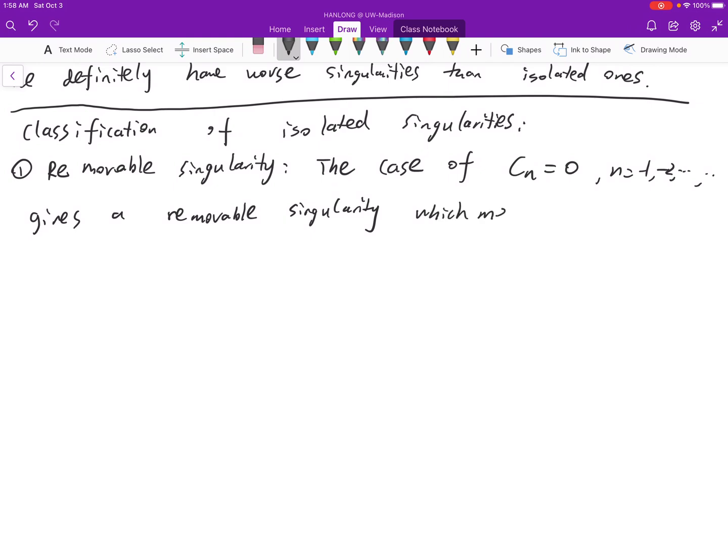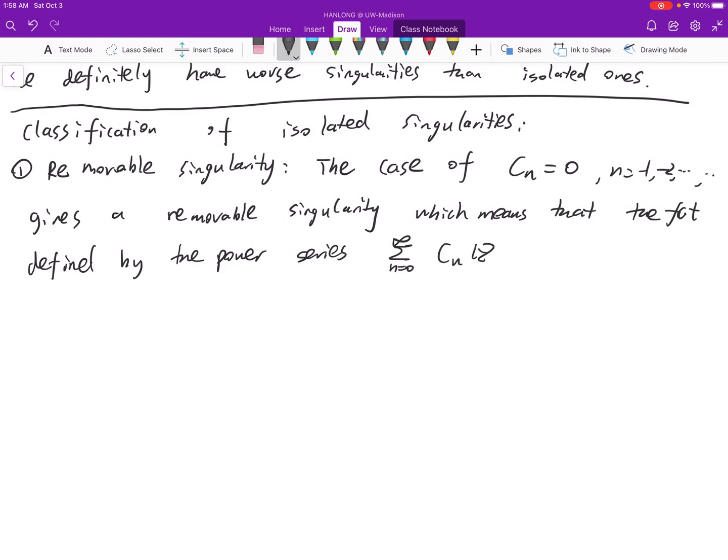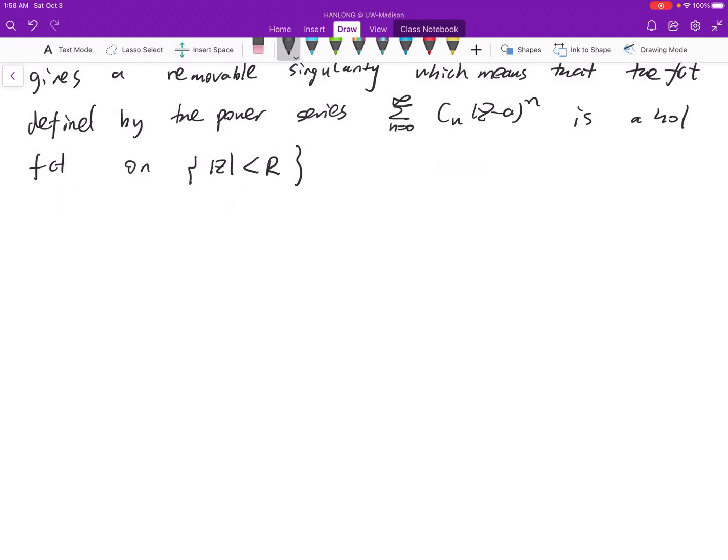Which means that the function g defined by the power series, n from 0 to infinity, c_n (z - a) to the nth power, is a holomorphic function on the whole disk, which extends the given function f(z).